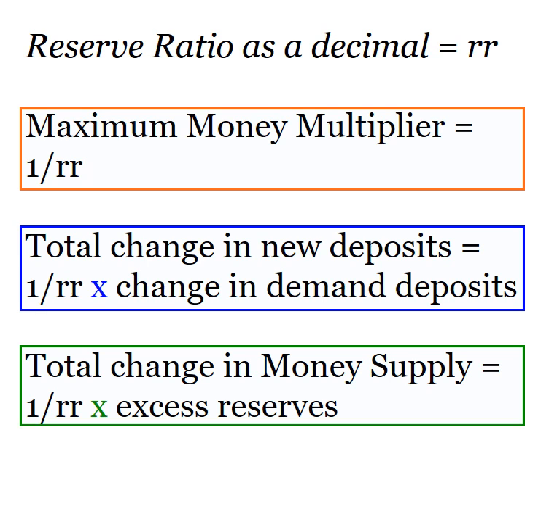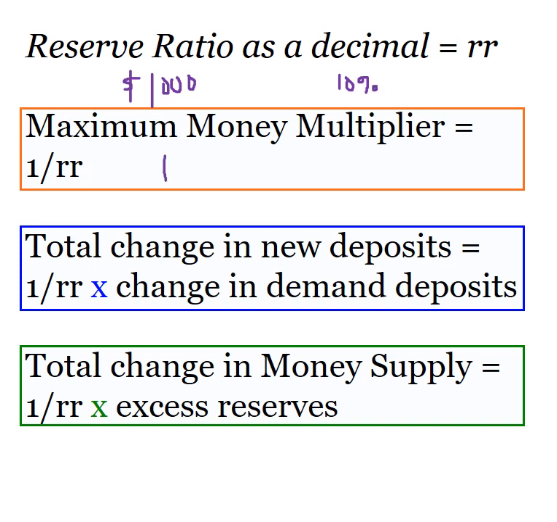And there are two different total effects that we can learn from this. The first one is how much this will matter in terms of new deposits in banks. If we want to see how far this money will go within the banking system, you would do the money multiplier, 1 divided by RR, times the change in demand deposits. So let's say there was a $1,000 demand deposit originally, and that the reserve requirement is 10%.